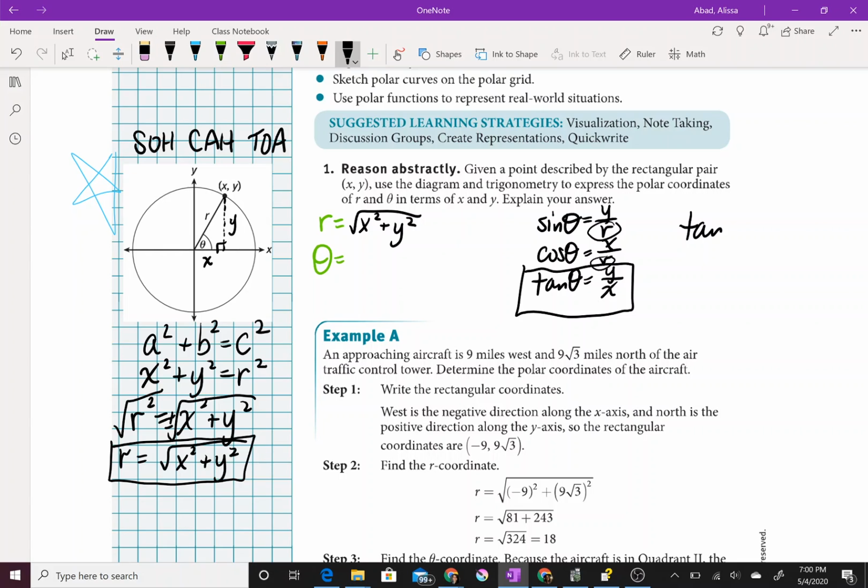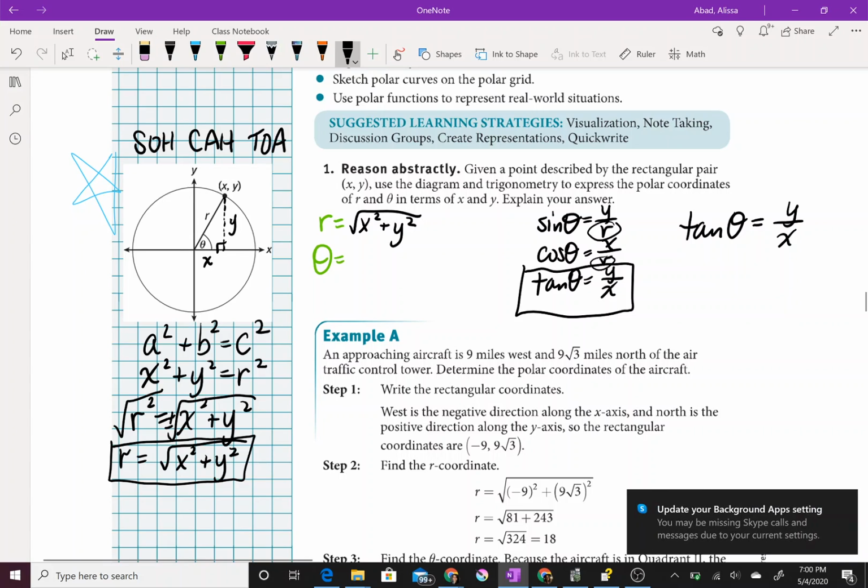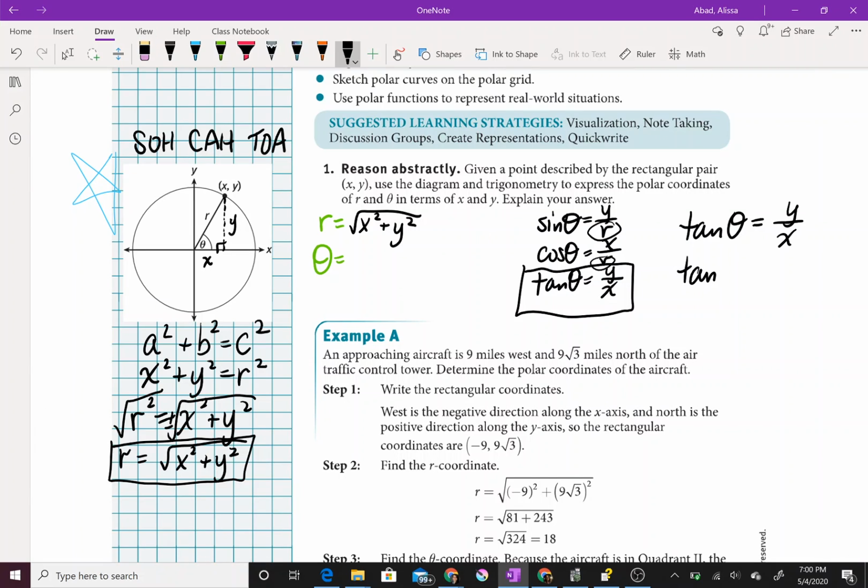So how can we get that theta by itself? Really the only thing in the way is tangent, and we can get rid of that tangent by undoing it, and that's going to be the inverse of tangent. So we're going to take inverse tangent on both sides. So I'm going to have inverse tangent over here, and I'm also going to take inverse tangent over here.